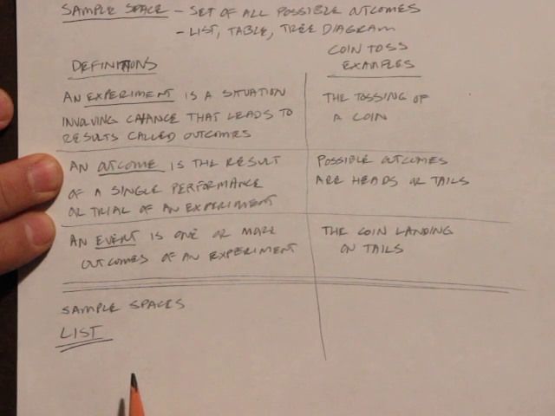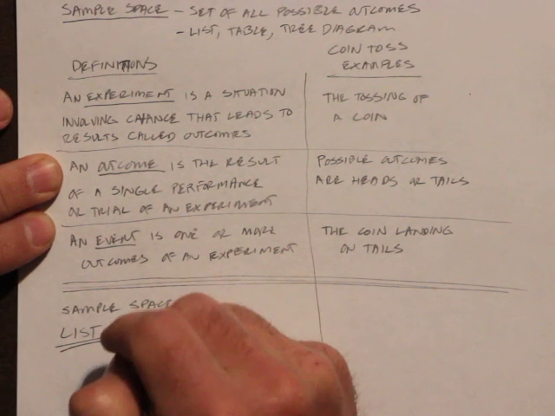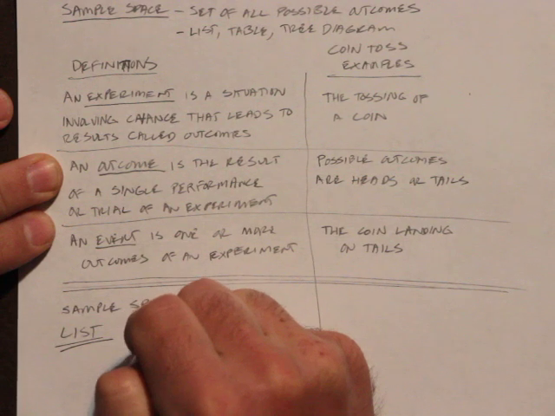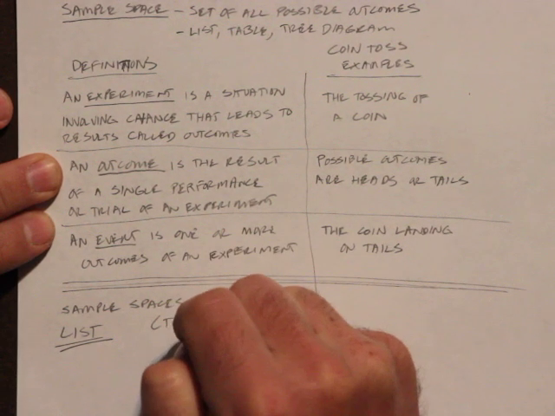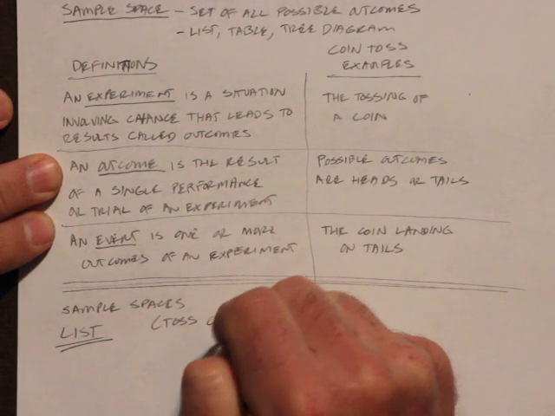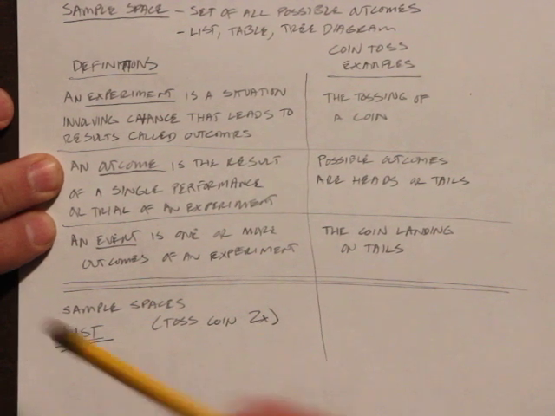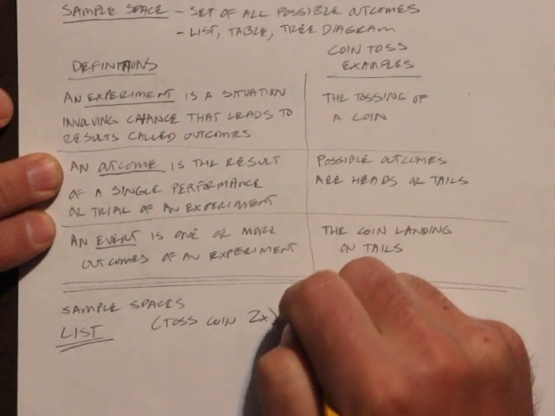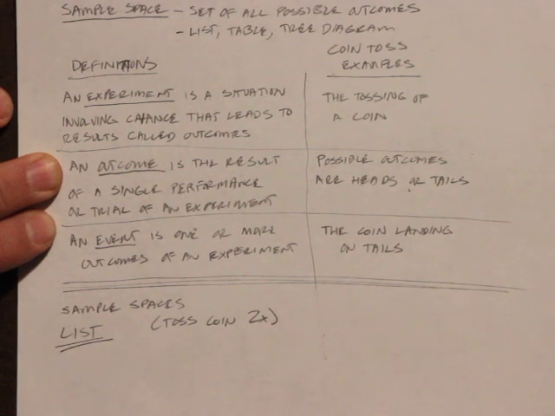So we're going to write out a coin toss that happens 2 times. So toss a coin 2 times. All right. We toss a coin 2 times.